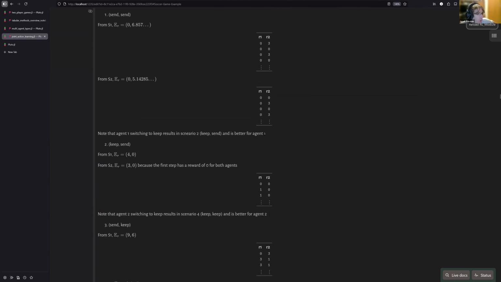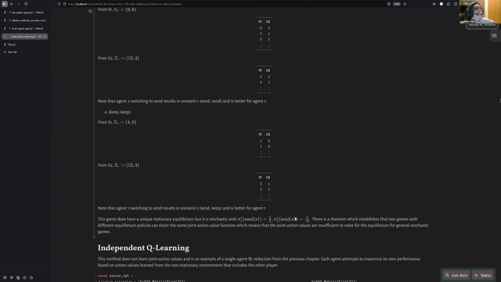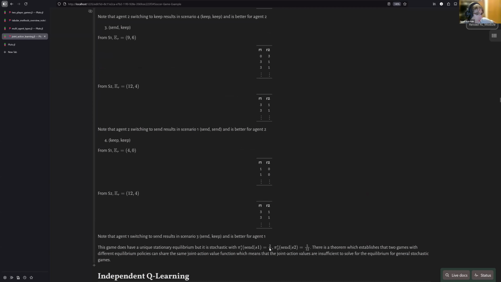But we know that the joint actions we learn would never be able to reproduce this, because the joint action function is just going to be a vector in every state. It's not going to be a matrix. So we have no way of learning these probabilistic equilibrium values.